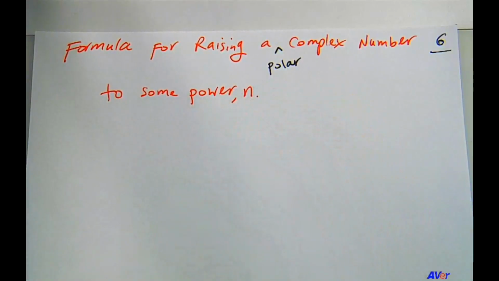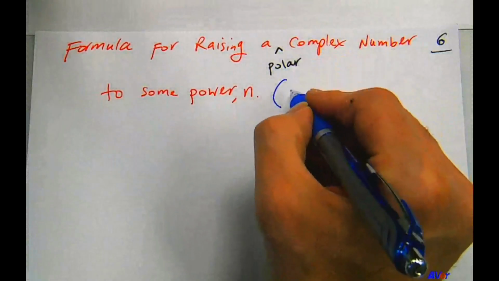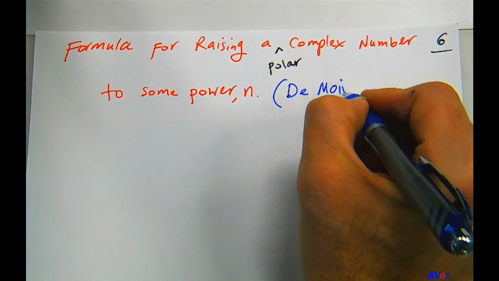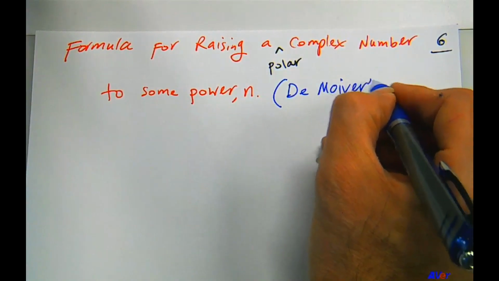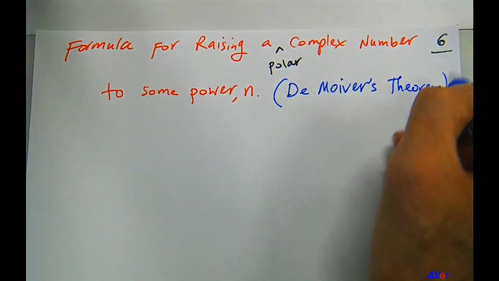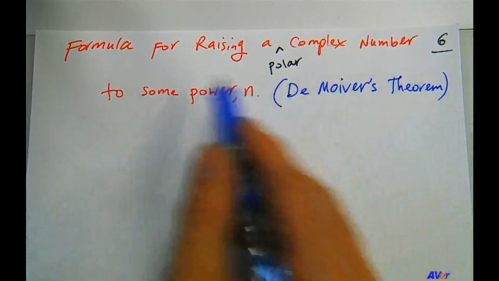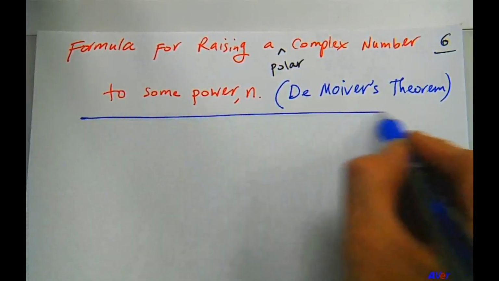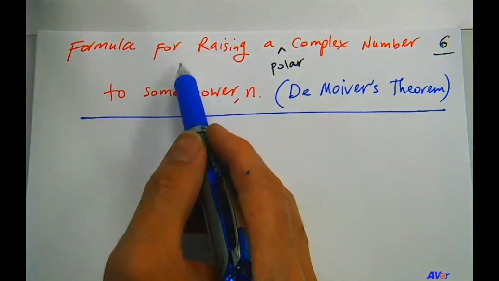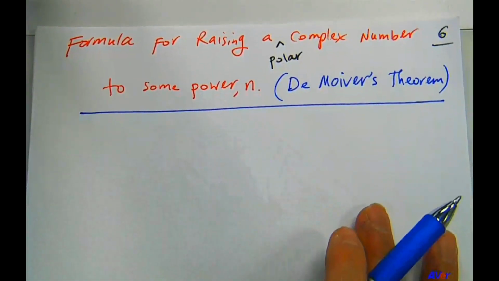This is called de Moivre's theorem. The name of this theorem is not that important, but if you see it somewhere or in this book, that's what it refers to.